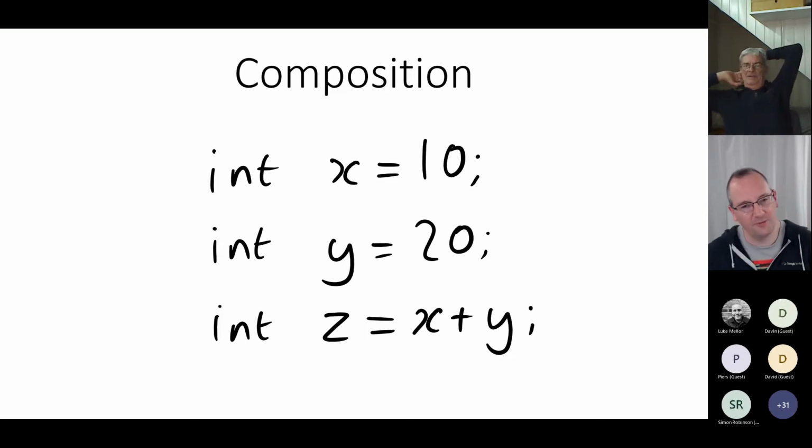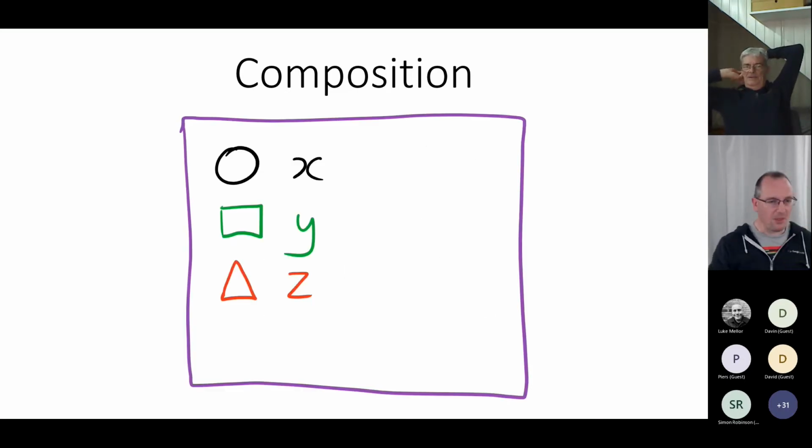Let's look at a second form of composition, which is the composition of data types. Obviously, that's part of the bigger picture that I was talking about just now, but it is slightly different. Where is the value coming in here? We're combining here a circle and a square and a triangle, and that composition adds meaning.